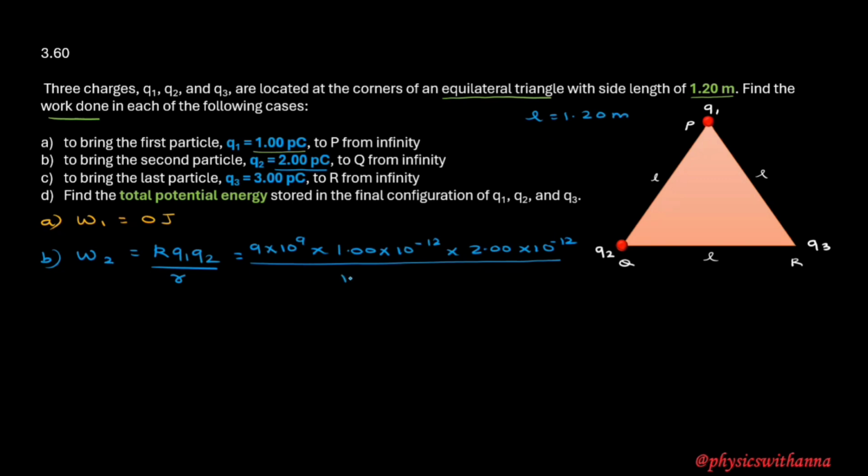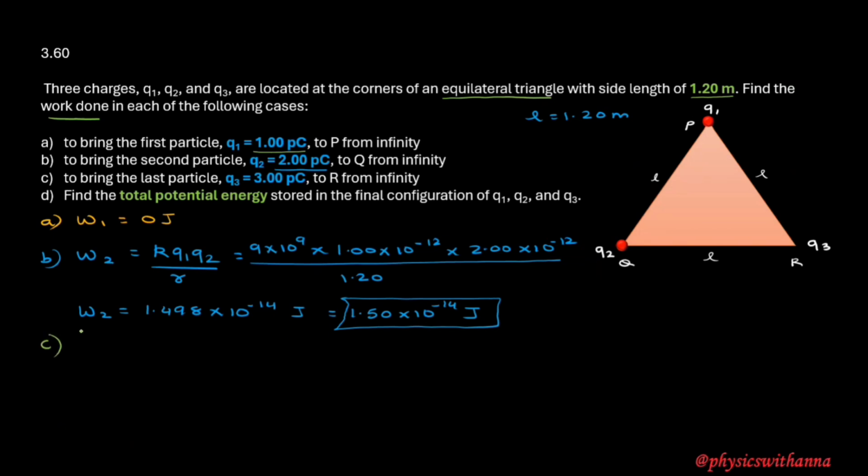Substitute that here, and when you solve this, you get work done W2 to be equal to 1.498 times 10 to the power negative 14 joule, which you can round off to 1.50 times 10 to the power negative 14 joule. So this is the work done in bringing charge Q2 from infinity to point Q.